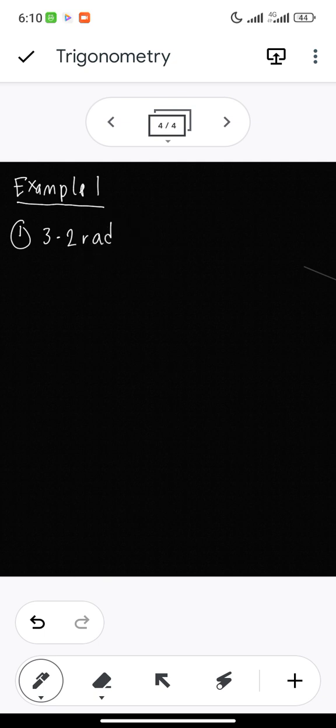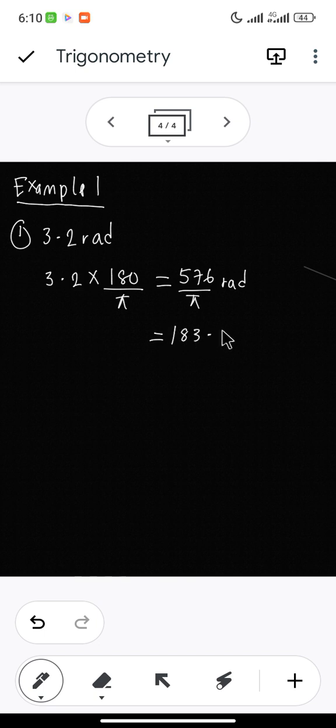You simply multiply by 180 over pi. So this is going to be 3.2 multiplied by 180 over pi. This gives you 576 over pi. Now you can actually leave your answer this way with pi in it, or you express it in decimal. So you're going to have 183.346 degrees.